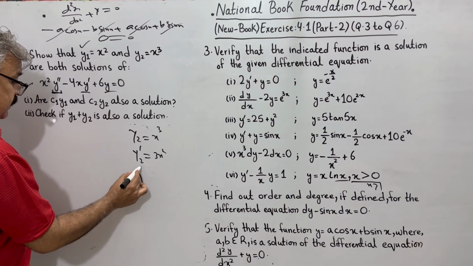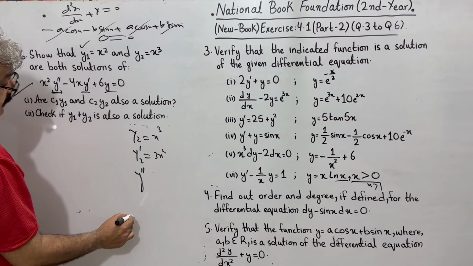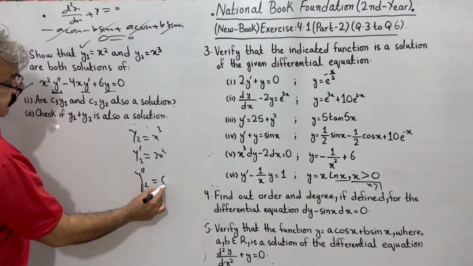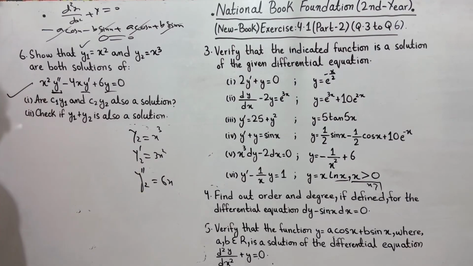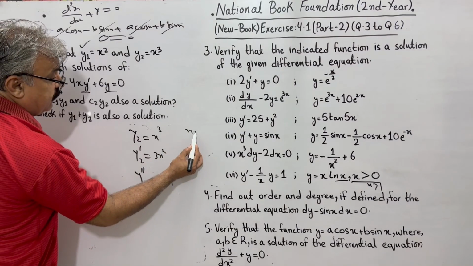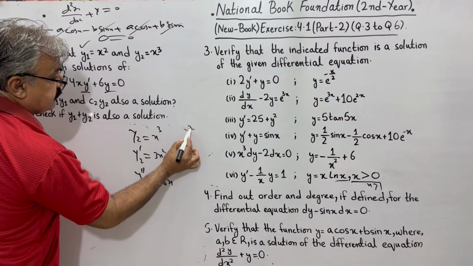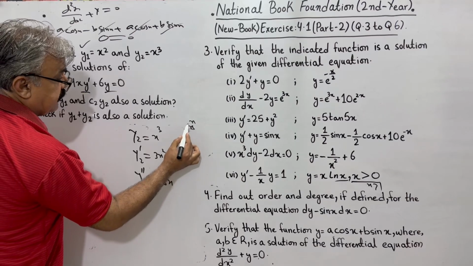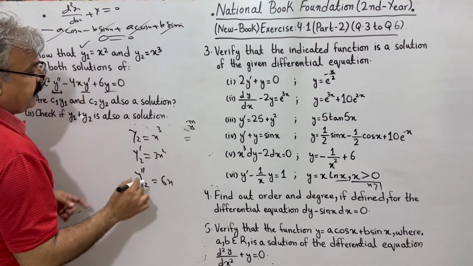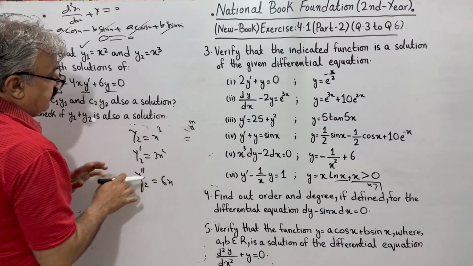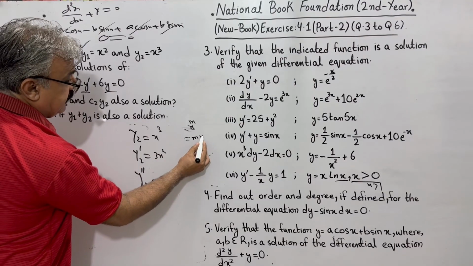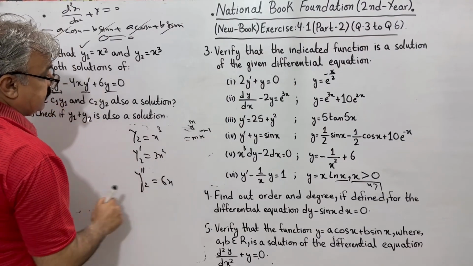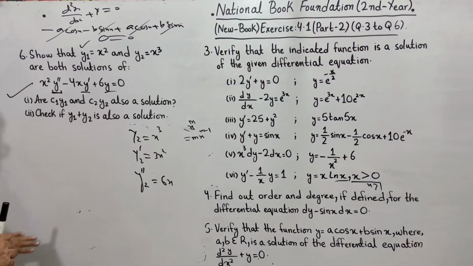Again differentiating, y double dash is 3 times 2, that is 6x, dragging the power down and subtracting 1 from the power, utilizing the simple rule for differentiation: x raised to m, differentiation gives m times x raised to m minus 1. That's a simple rule of differentiation.